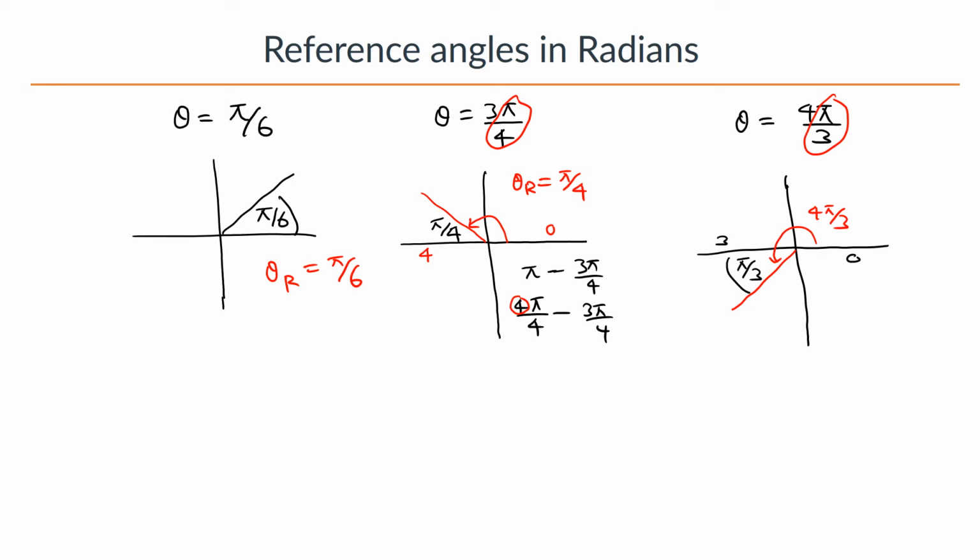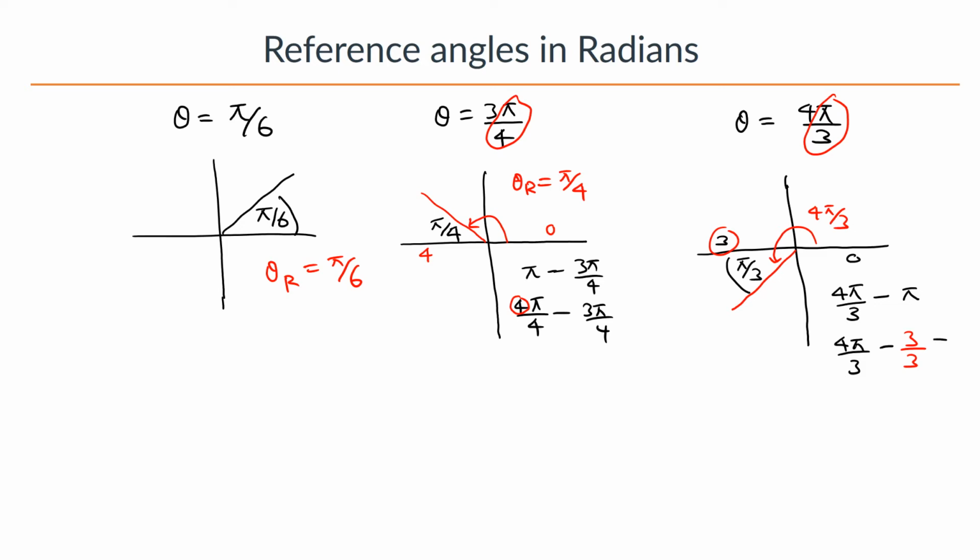Again, if you look at the calculation, in this case the angle is bigger, so we do 4 pi over 3 minus the closest angle, which is pi, so subtract pi, and then we can write the common denominator as before. The common denominator is 3, that's what this 3 means. So you write this one as 3 pi over 3.